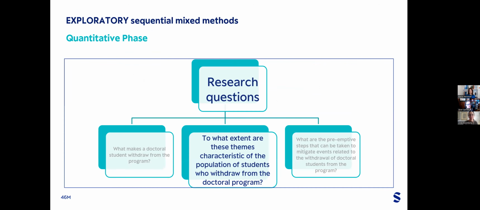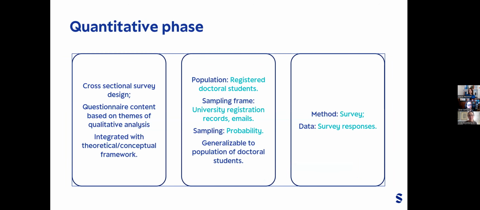And the second research question would be, to what extent are these themes characteristic of the population of students who withdraw from the doctoral program? So you can see here that we are generalizing, or we wish to generalize to the whole population of doctoral students, just like we want to plow the entire field. So our research here would be quantitative. In this quantitative phase, we could use a cross-sectional survey design using a questionnaire with content based on the themes that have been drawn from the qualitative analysis.